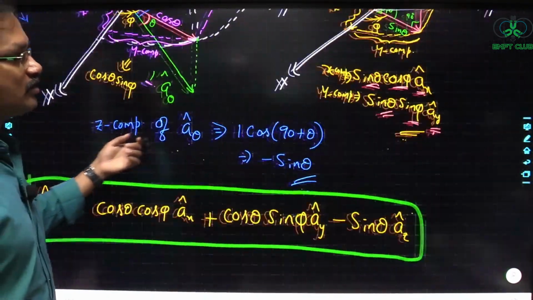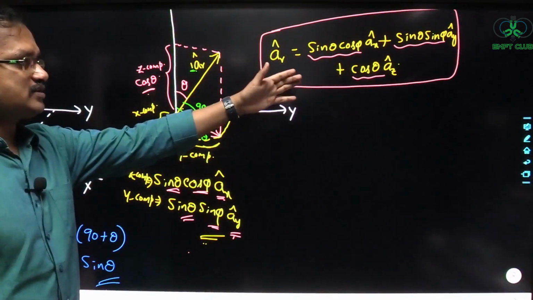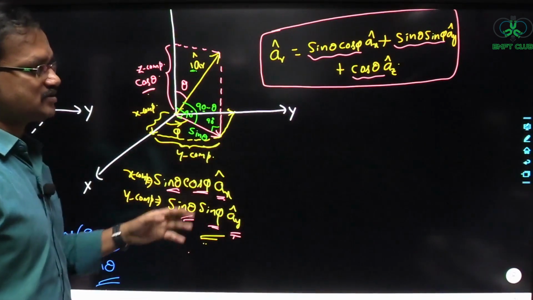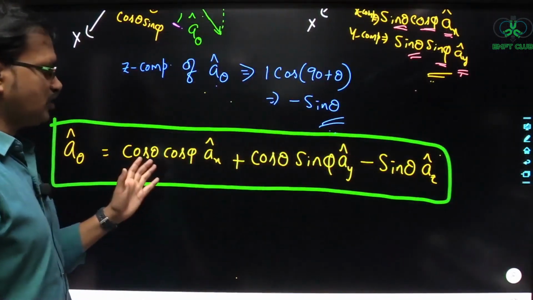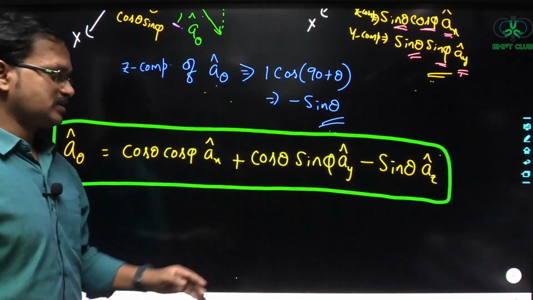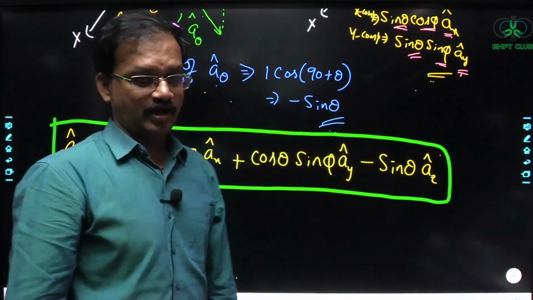So we got the expression for aR cap: sin theta cos phi ax cap plus sin theta sin phi ay cap plus cos theta az cap. And the expression for a theta cap is cos theta cos phi ax cap plus cos theta sin phi ay cap minus sin theta az cap, right?